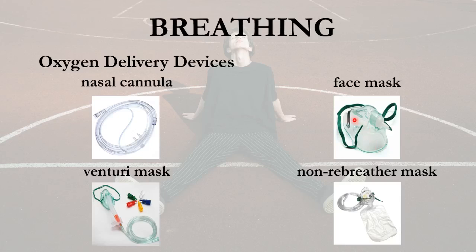Somehow there's a bit of seal, but there are still some holes where the oxygen may escape. As compared to this, which is more closed, a closed unit, there's a bit of seal there.